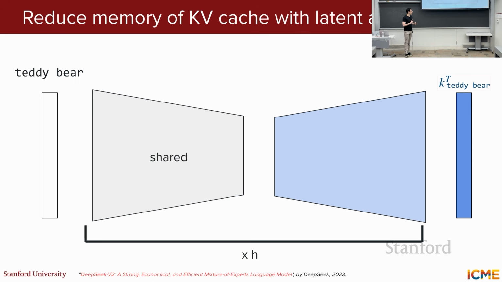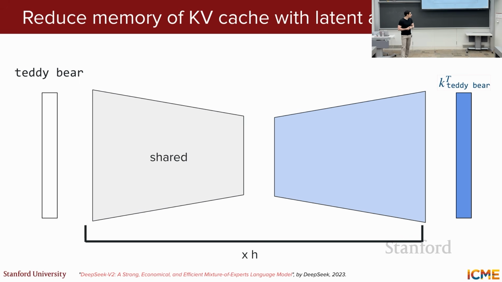They said that the compression matrix could be shared across keys and values, which says that for a given token representation, the cache that you need to store for keys and for values is the same. And then you would still have different matrices for the decompression part to actually learn different representations for a key and value.